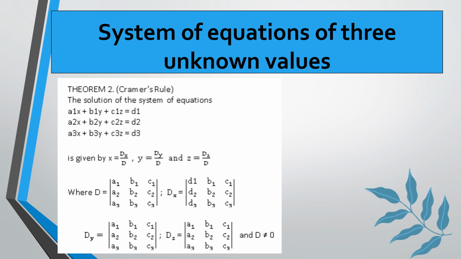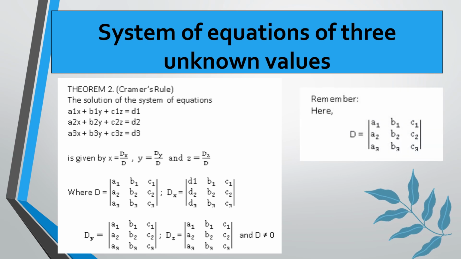The solution of the system of equations a1x plus b1y plus c1z is equal to d1, a2x plus b2y plus c2z is equal to d2, a3x plus b3y plus c3z is equal to d3 is given by x is equal to dx divided by d, y is equal to dy divided by d, and z is equal to dz divided by d. D is equal to determinant of coefficients of x, y, and z.